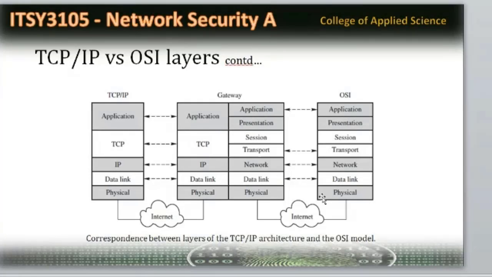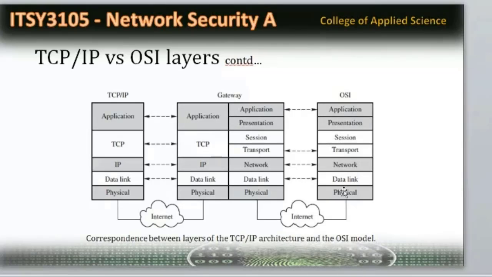There are 2 machines available, sender and receiver. In the sender machine there are 7 layers available, and in the receiver machine also there are 7 layers available. You can see physical, data link, network, transport, session, presentation, application. The same thing I'm going to have here.